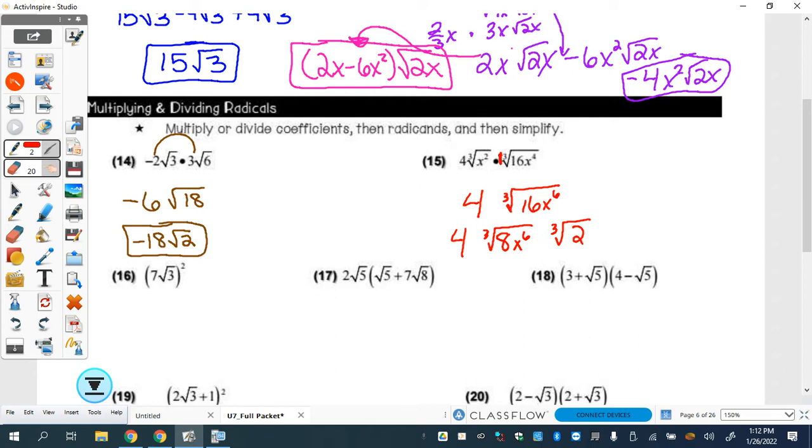So cube root of 8 is 2, but times the 4 makes it an 8. 6 divided by 3 makes it x squared. And then I still have my cube root of 2. So you multiply the stuff outside, multiply the stuff underneath, and then you simplify.